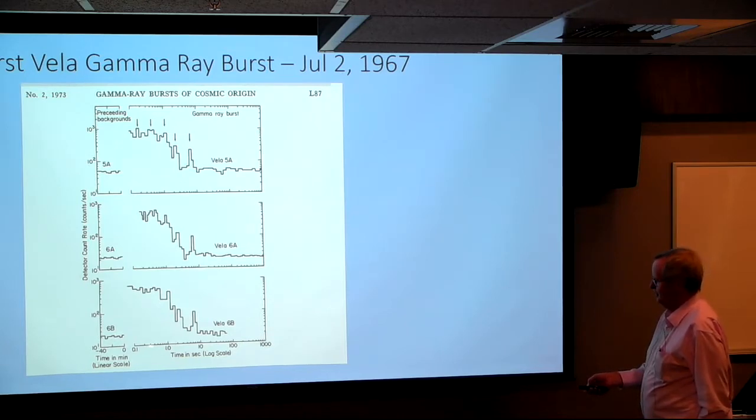This is a logarithmic scale in time, kind of unusual. Notice there's a sudden increase to almost 1,000 events per second, seen in all 3 satellites. And by the time you get to just under 10 seconds, it's over. You see the arrows are points that are common features of the rise and fall of the intensity.